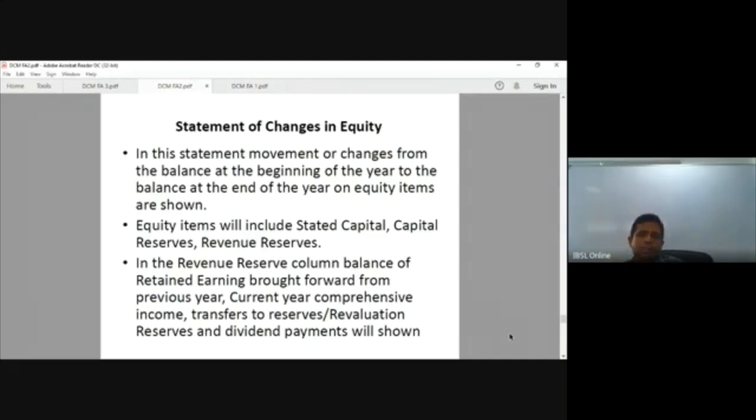In this statement, the movement from the balance sheet at the beginning of the year to the balance at the end of the year on equity items is shown. Equity items include stated capital, capital reserves, and revenue reserves. In the revenue reserve column, the balance of retained earnings brought forward from the previous year, current year comprehensive income transferred to the reserves, revaluation reserve, and dividend payment will be shown.